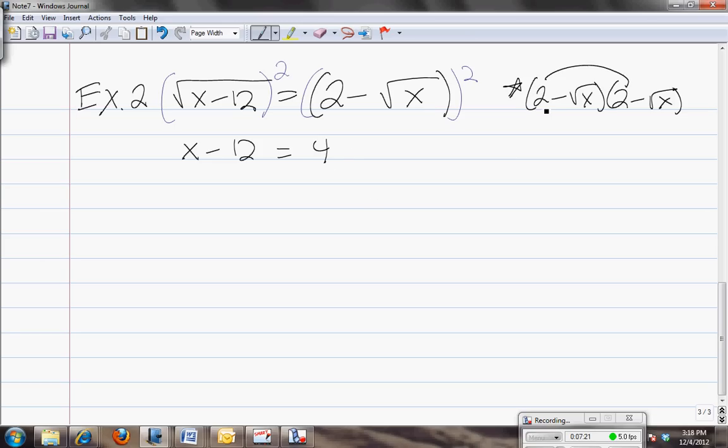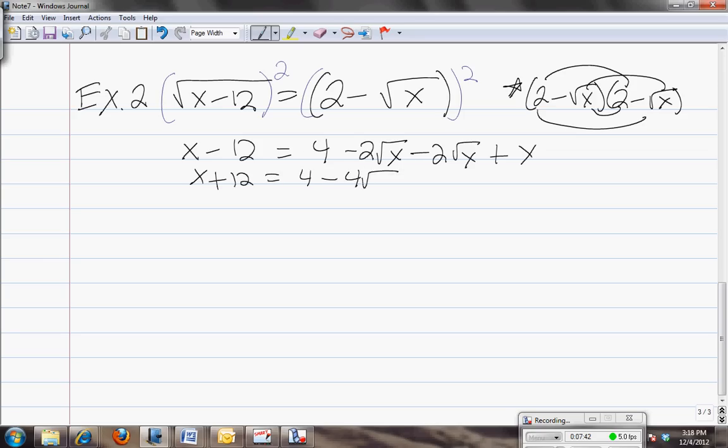So we would have the first, 2 times 2, 4, outside, minus 2 radical x, inside, minus 2 radical x, last, plus x. So I have x plus 12 is equal to 4 minus, combine our like terms, 4 radical x plus x. That's getting worse and worse.